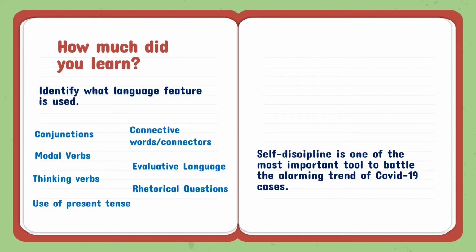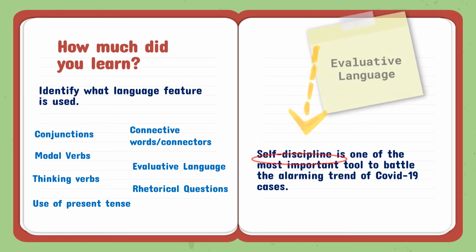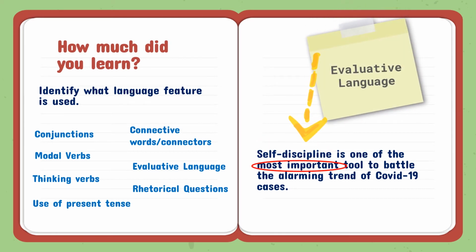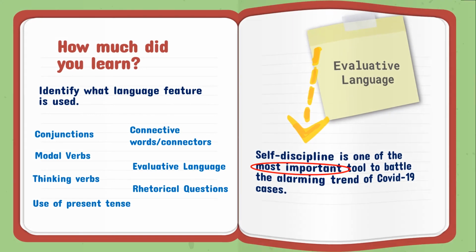Self-discipline is one of the most important tools to battle the alarming trend of COVID-19 cases. Evaluative language. Correct. And which one is it? Most important.